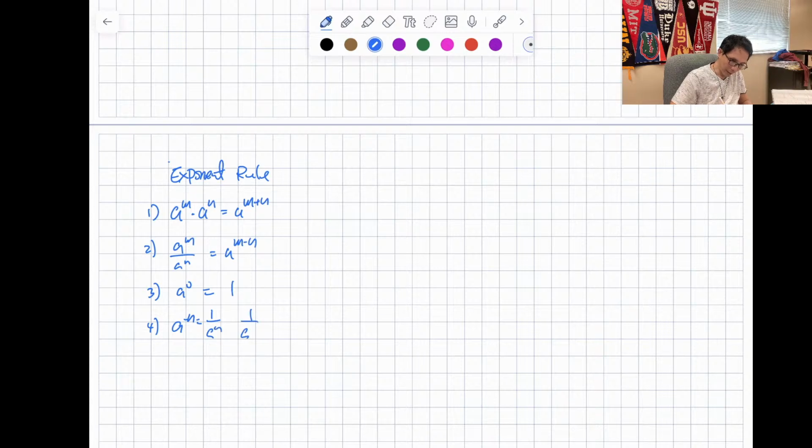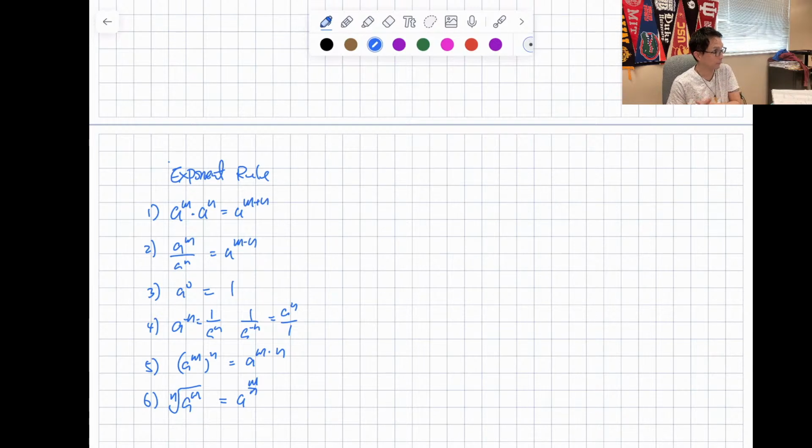And 1 over a to the negative n equals a to the n over 1. You already know this one. A to the m to the n equals a to the m times n. The 6th rule is the roots: a to the m over n. So you already know the exponent properties.